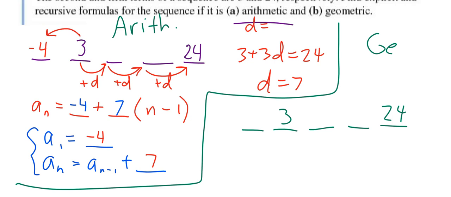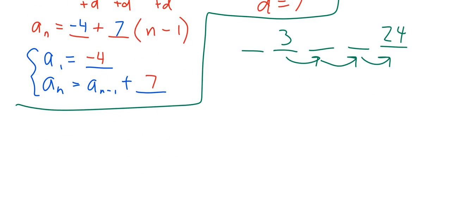But now we need to figure out a multiplier to get us from the 2nd term to the 5th term. How many times are we multiplying by r? 3 times, right? So what kind of equation would I need to write in order to make that happen?